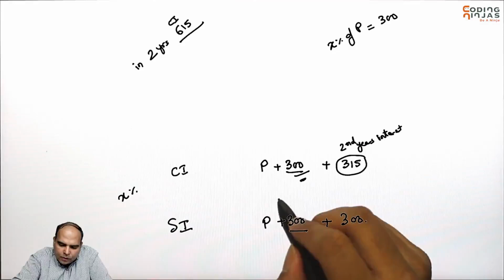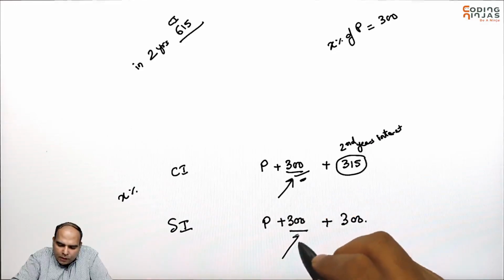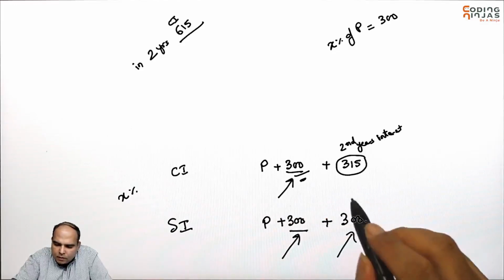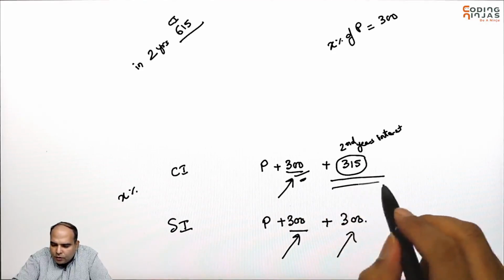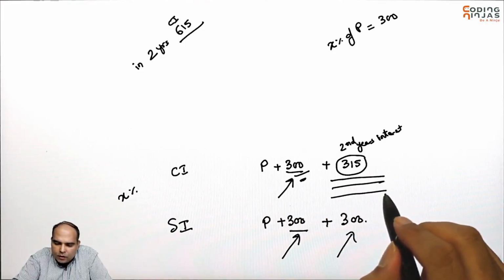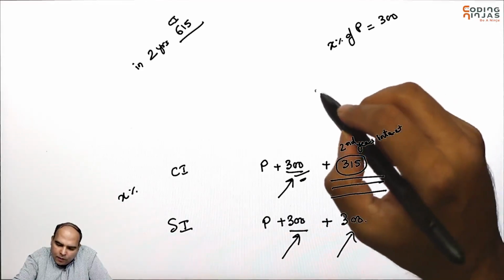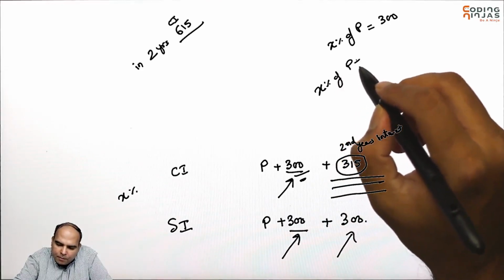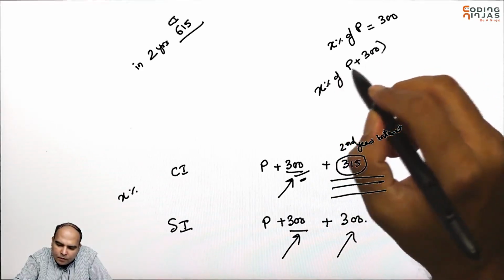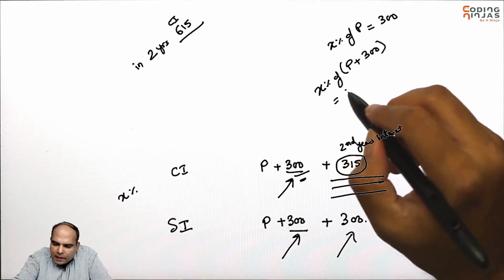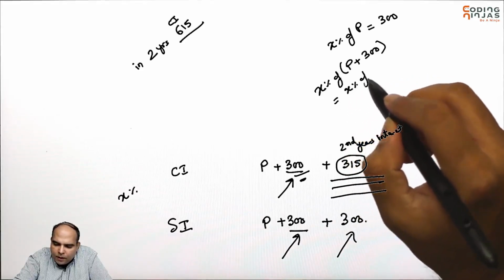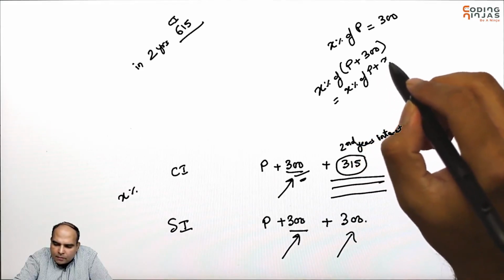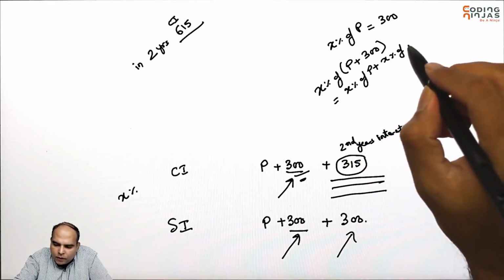We have used that for the first year. But for the 315 calculation, the value of 315 would have come from X% of P plus 300, which would be the same as X% of P plus X% of 300.